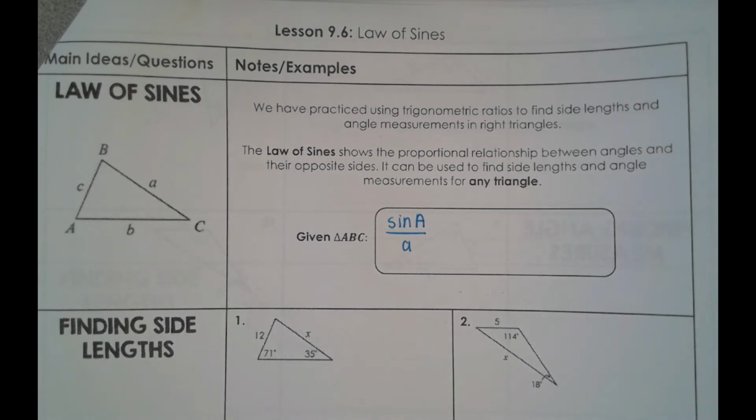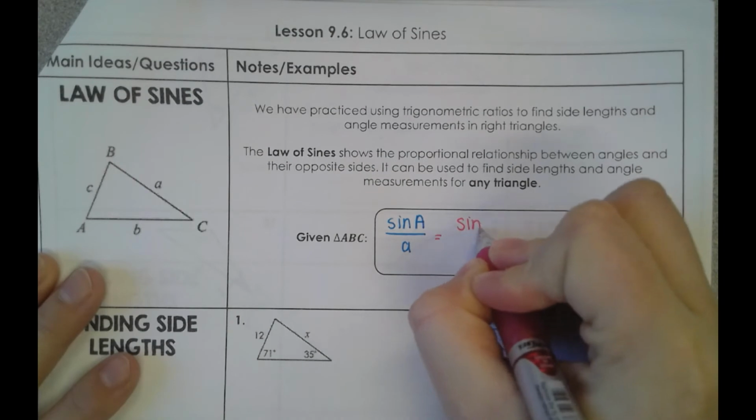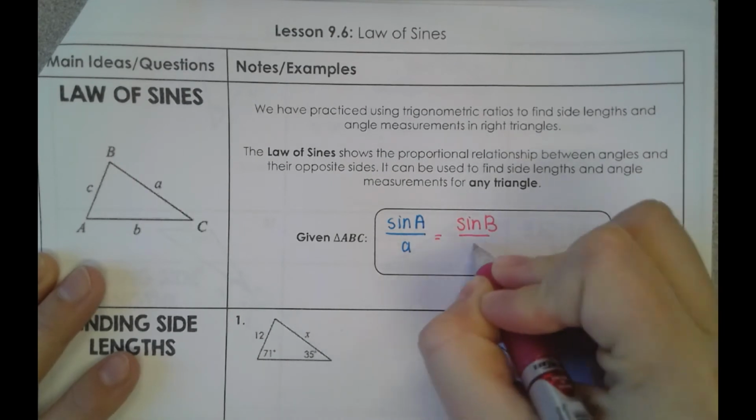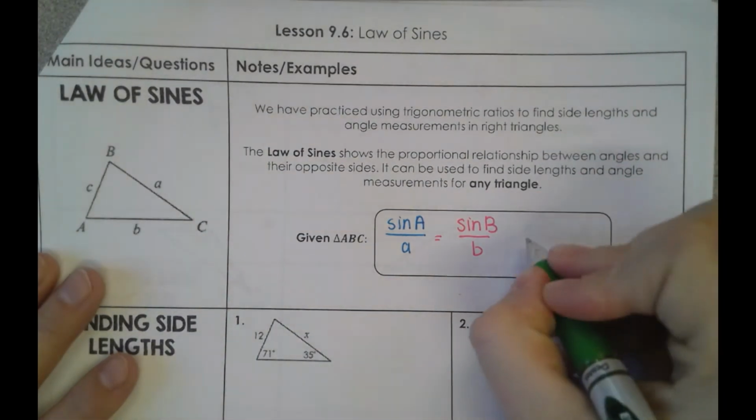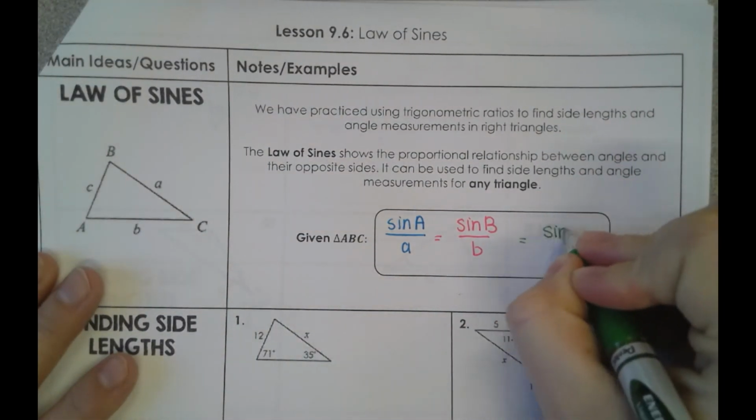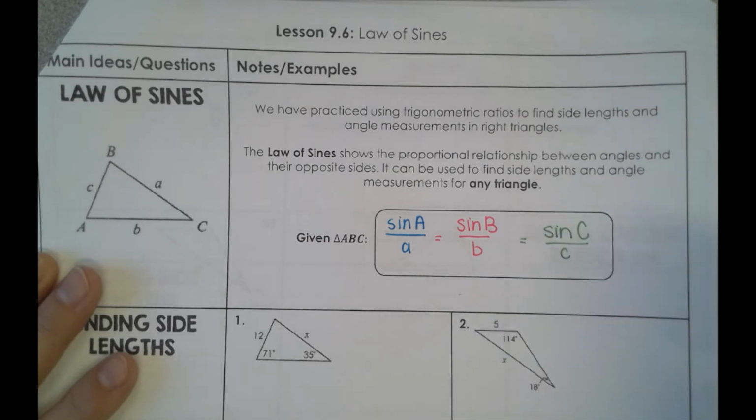That is equal to all of the other pairs. So that's equal to sine of B over little b, which is equal to sine of C over little c.